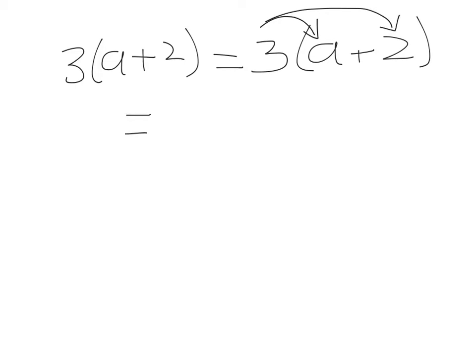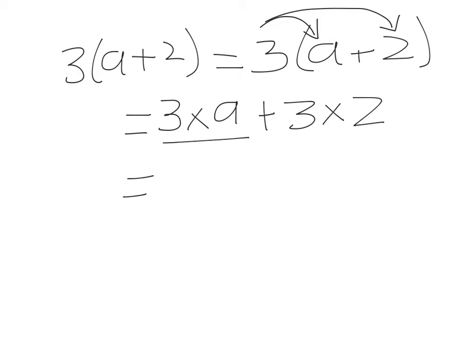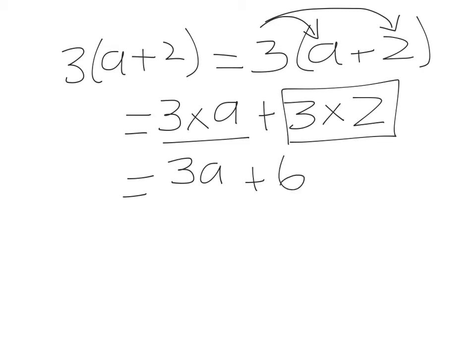So it equals 3 times a plus 3 times 2. Now, 3 times a is just 3a, and 3 times 2 is 6. We can't go any further with that, so that is our answer in expanded form.